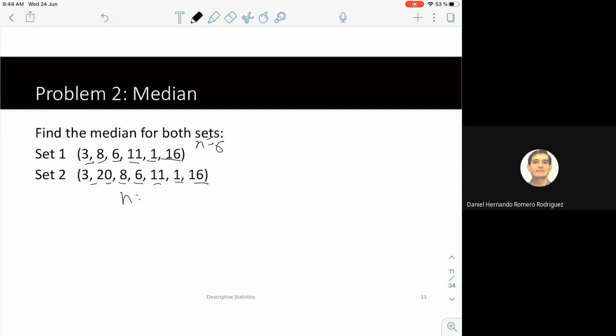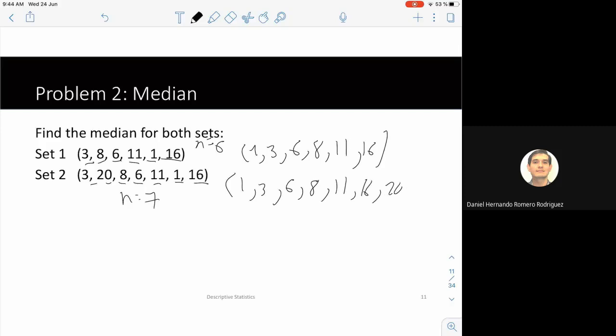All right. Before we proceed, we need to make sure that we arrange the data set. Remember that that's the first step. Then for set 1, that will be 1, 3, 6, 8, 11, and 16. For set 2, that will be 1, 3, 6, 8, 11, 16, and 20, right?